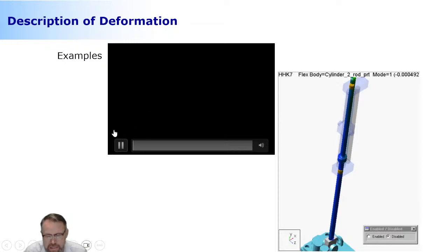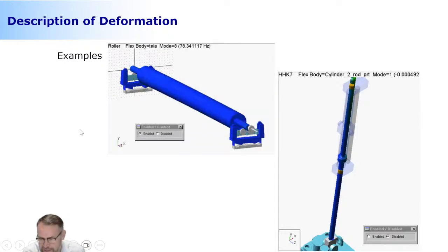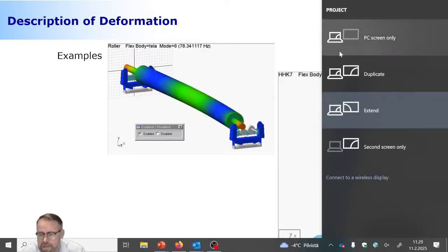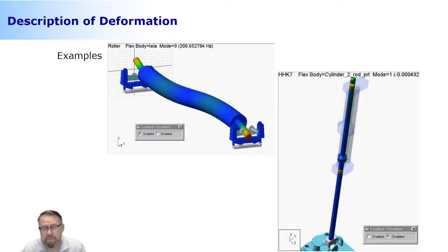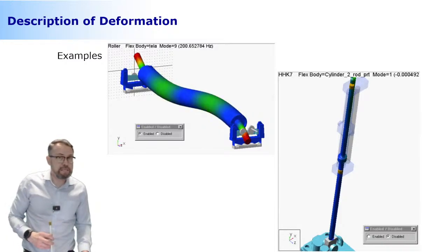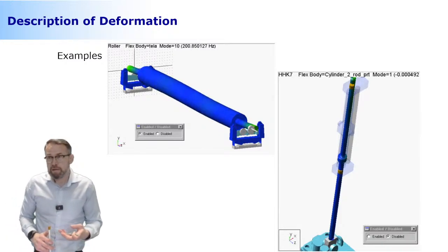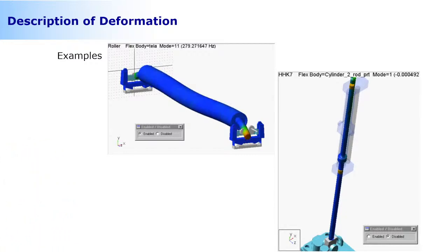So here's an animation that shows different kinds of natural frequencies and corresponding eigenvalues. And look at the numbers. So this is like 279 hertz.